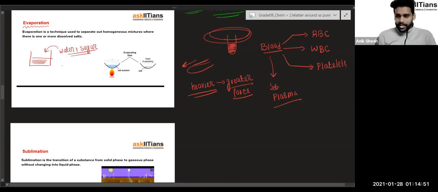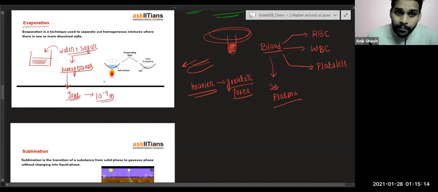This is a homogeneous mixture, and we can also say that this is a true solution, isn't it? What is the particle size in a true solution? It is near about 10 to the power minus 9 meter.